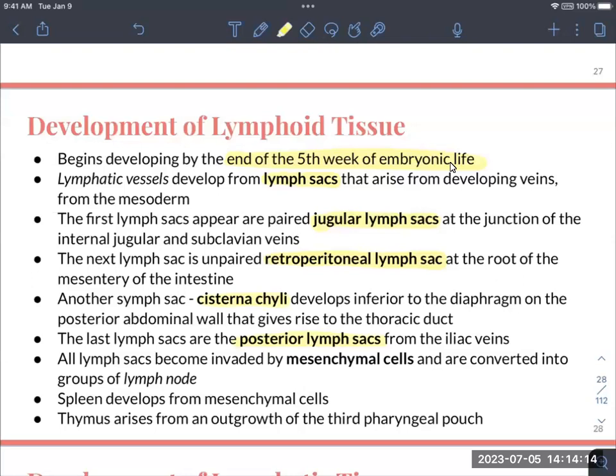They start to, mesenchyme tissue, that prenatal connective tissue, kind of comes in and groups around it and eventually forms different lymph nodes. Your spleen comes from mesenchyme tissue completely. Even that thymus, it comes from a pharyngeal pouch.